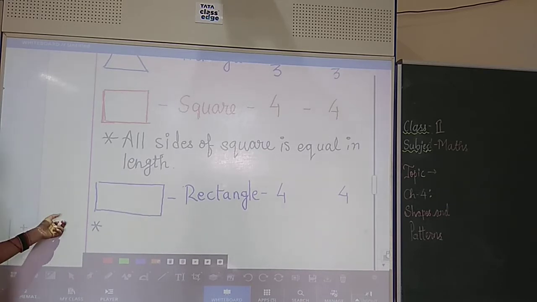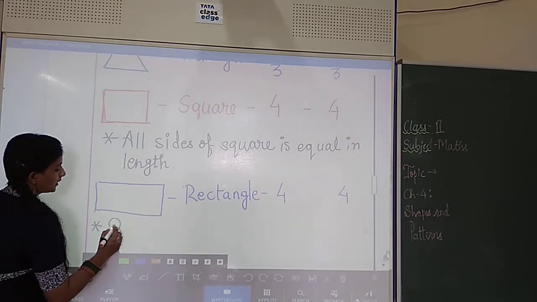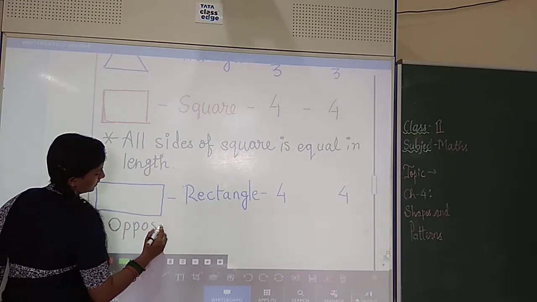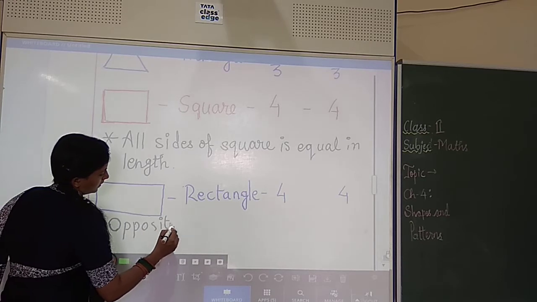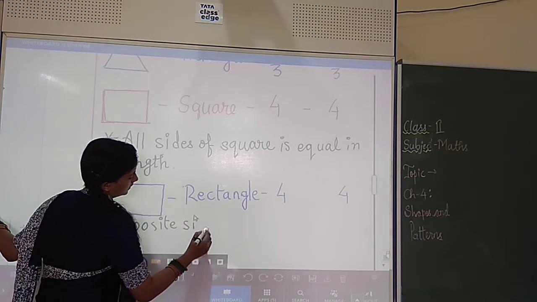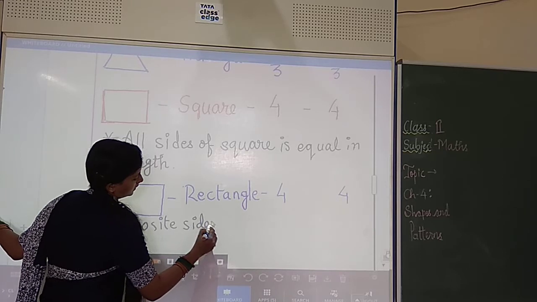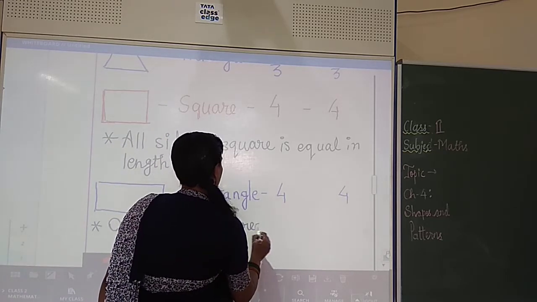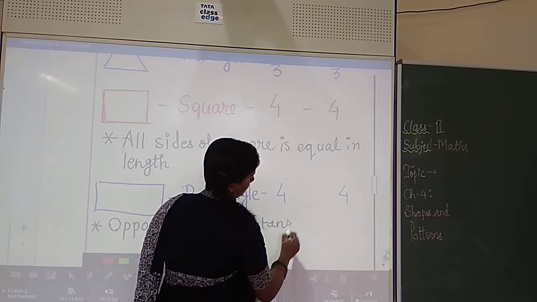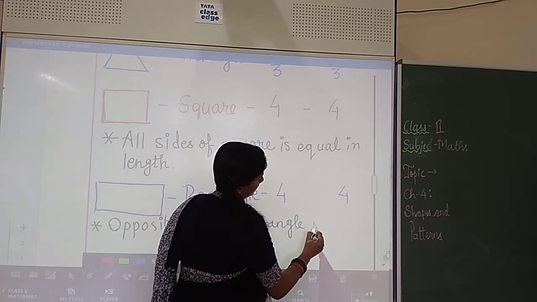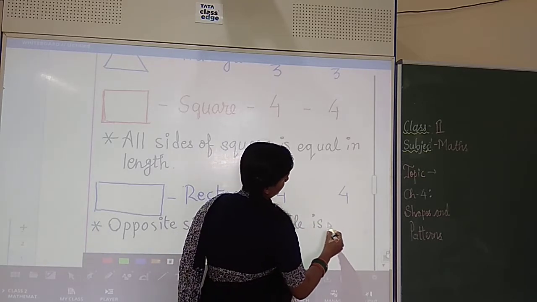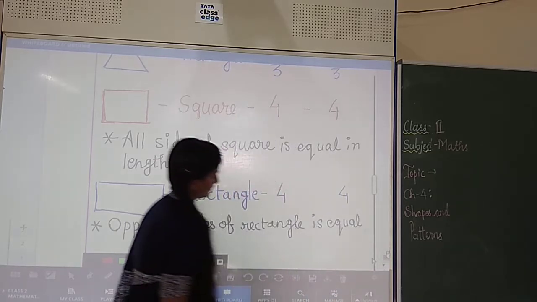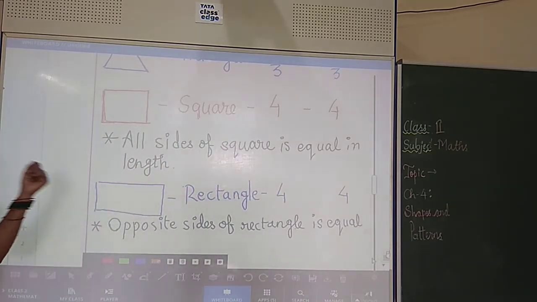But what is the important point in this shape? Opposite sides. Opposite sides of a rectangle are equal. And how many opposite sides are there?